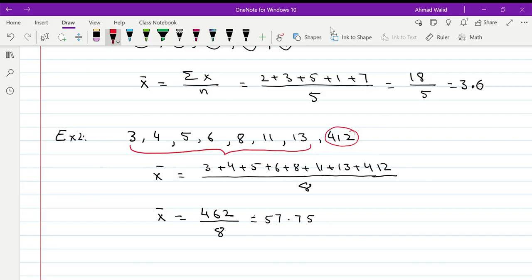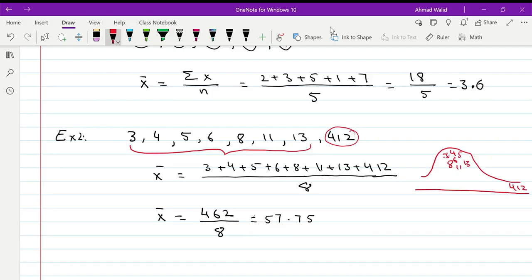If I want to graph it, I can show you like this. Most of your data, like 3, 4, 5, 6, 8, 11, 13, they're lying here, all of them. But you see 412 is somewhere here, too far from this data, correct?